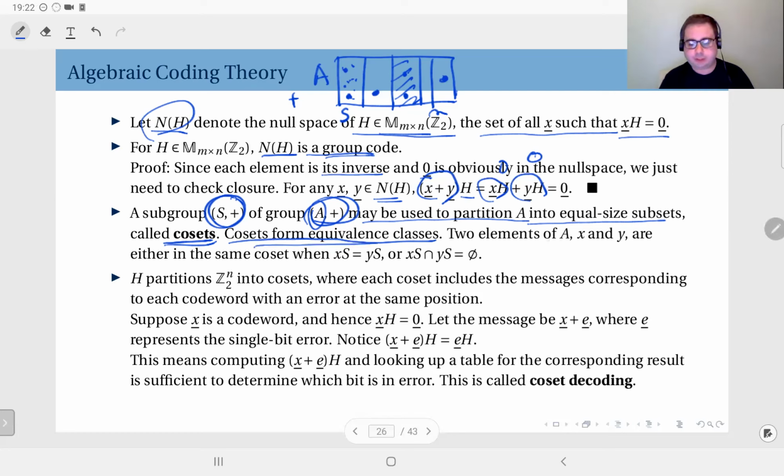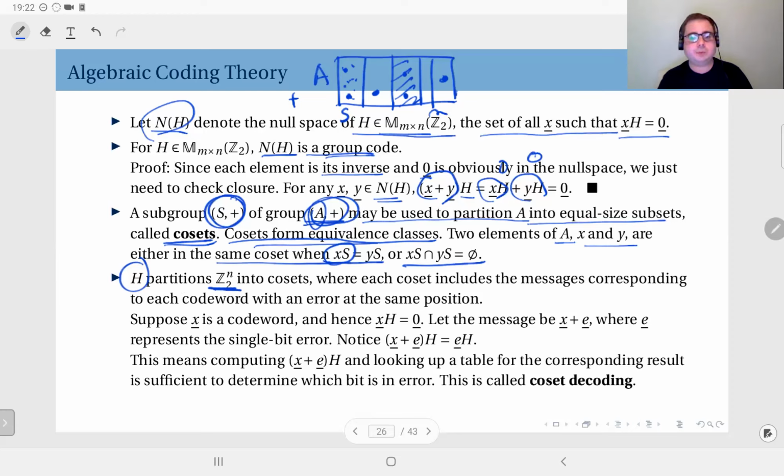Two elements X and Y of the group A are either in the same coset, or the cosets they belong to are disjoint. This notation is you just apply the operation with X to any element in the subset S.